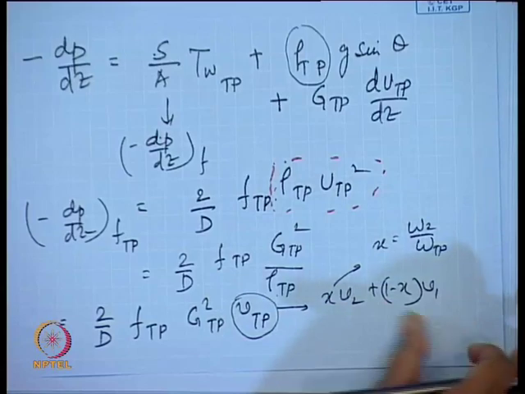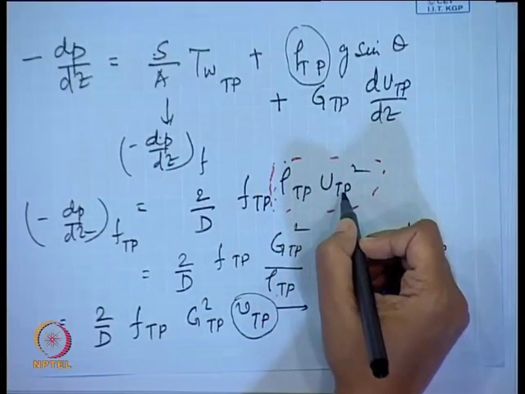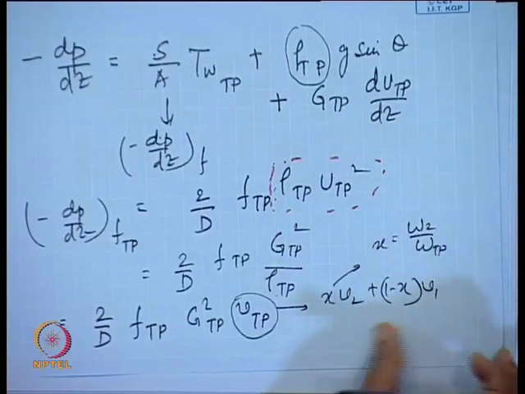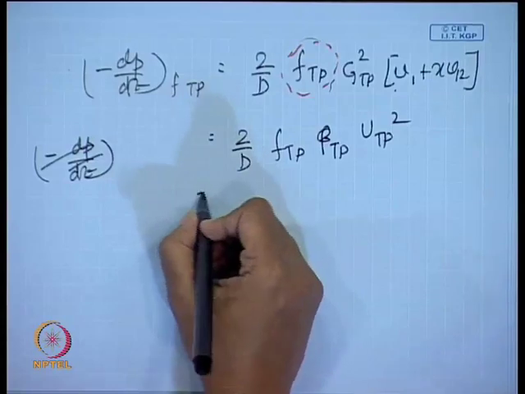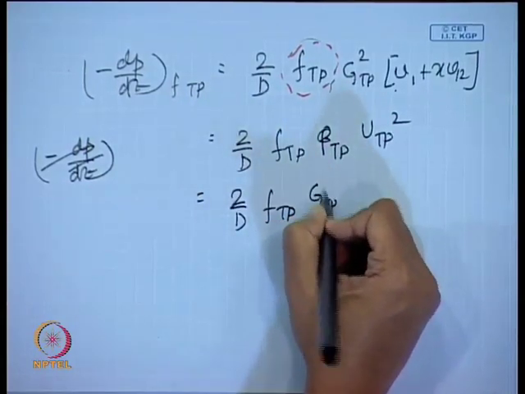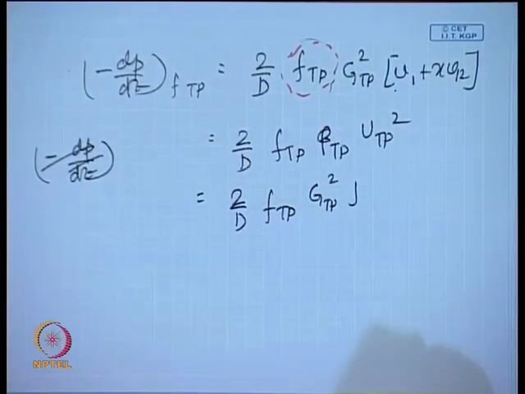Instead of that, we can also write this term, rho TP into u TP equal to G TP or G. So, we can write it down as G square into j, right, u TP equals j, I have already said.